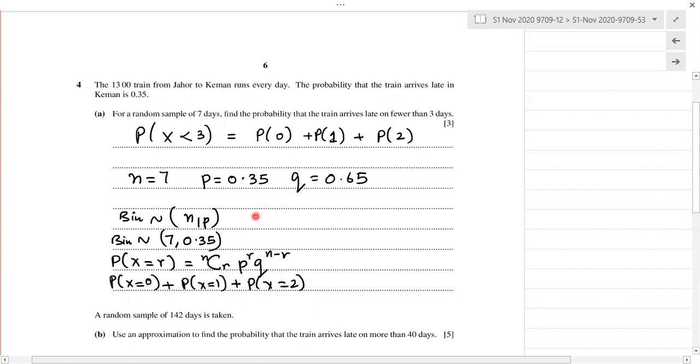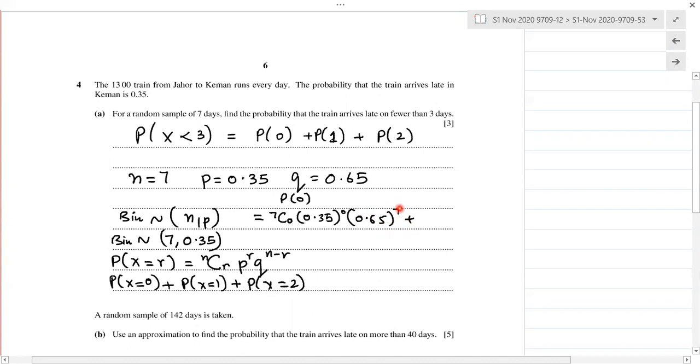Once we do that, for the first one, when the probability is 0, we have 7C0, 0.35 to the power of 0, and 0.65 to the power of n minus r, which is just 7.